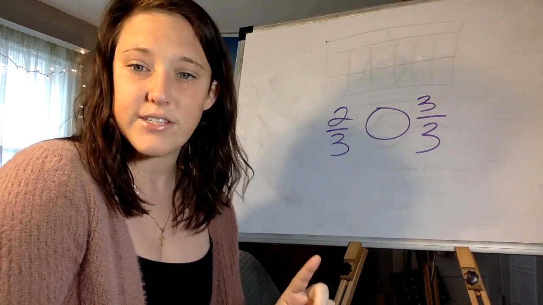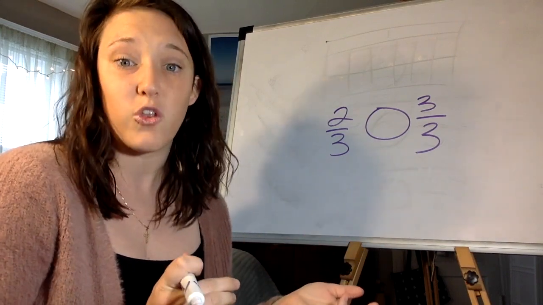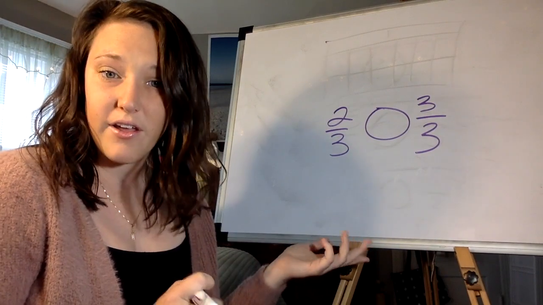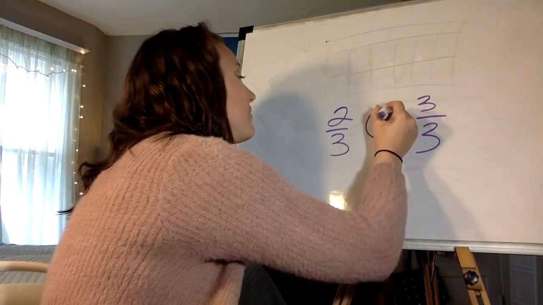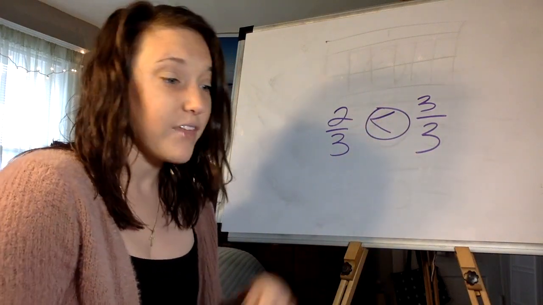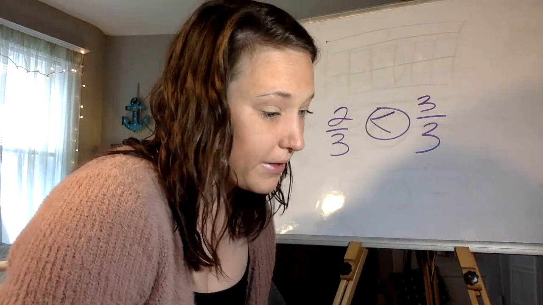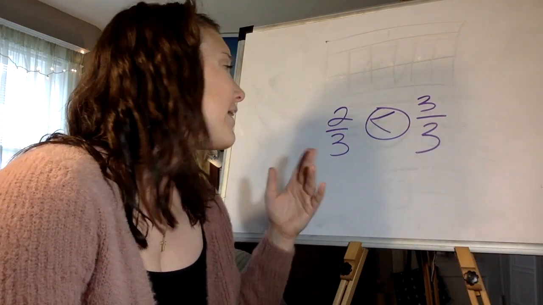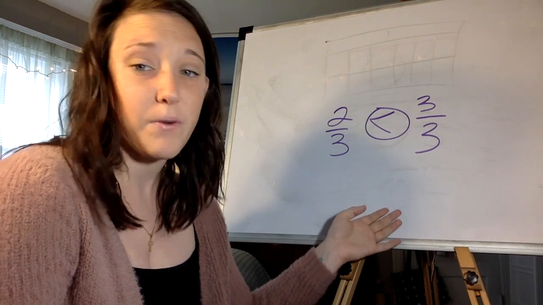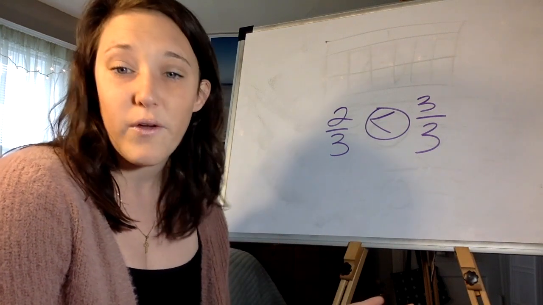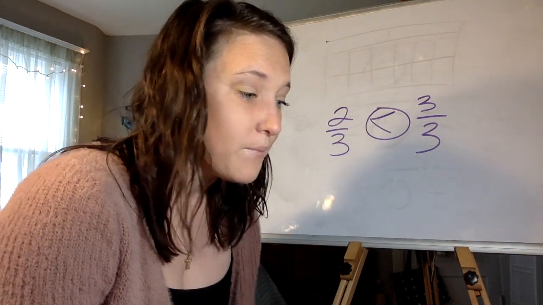So I know if they have the same denominator, I just need to compare the numerators. Well, which is bigger, 2 or 3? 3's bigger, so 3/3 is the greater fraction. And that's what they're all going to be looking like. Also, if this seems confusing and you prefer to draw out and shade your fraction strips, you can always do that. That is never a problem.